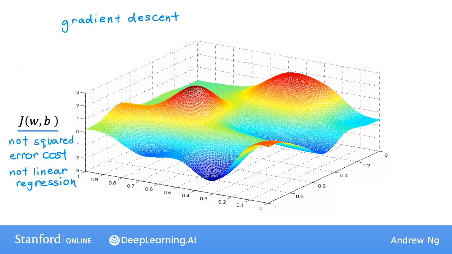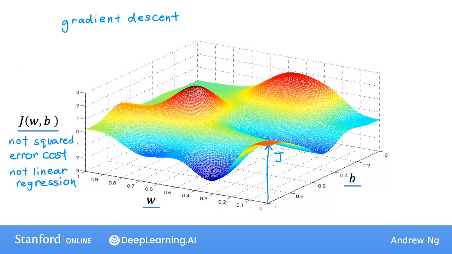Notice the axes. That is w and b on the bottom axes. For different values of w and b, you get different points on this surface J of w, b, where the height of the surface at some point is the value of the cost function.